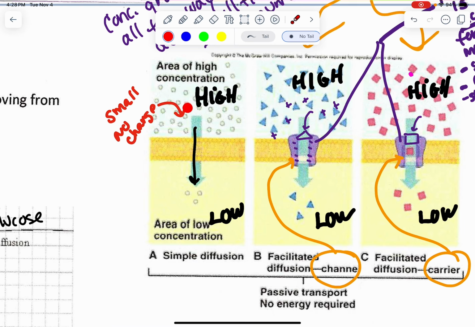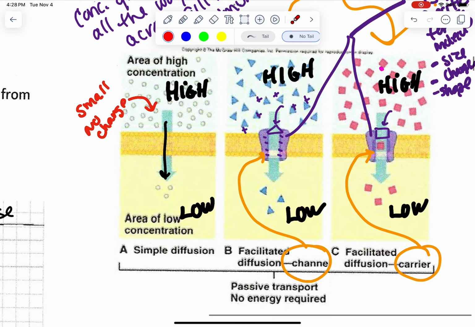Only molecules that are small with no charge would do this, simple diffusion through a membrane. And then facilitated diffusion, these two pictures I'm going to talk about in my next video, are going to be either channels or carrier proteins that can let things come through faster from high to low. Still passive transport because it's going high to low with no energy. Okay, so I'll end there.